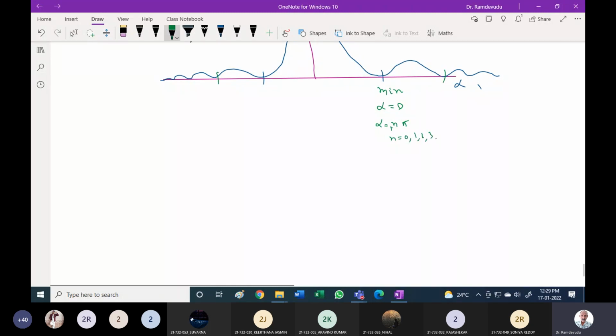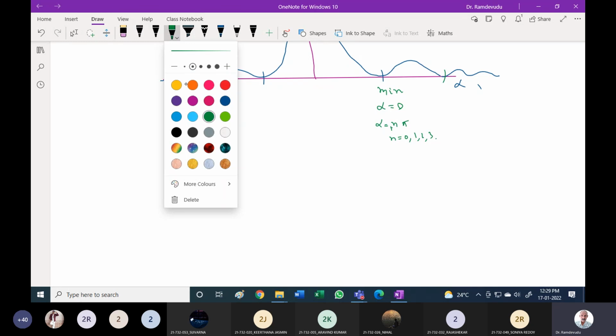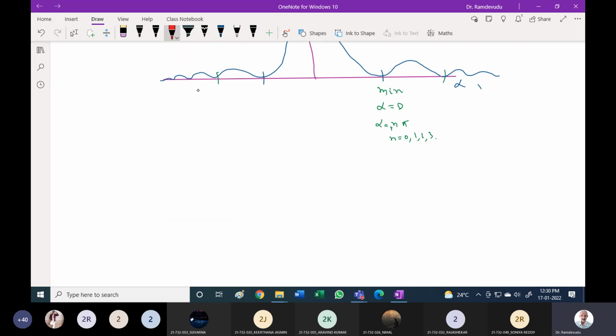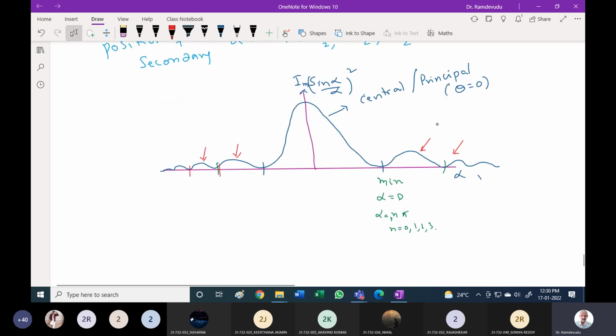And between the minima, we have another set of maxima. So we have one minima, another minima, and between them we have maxima. Many maxima are there. These maxima we call secondary maxima, but their intensity decreases as the order increases.